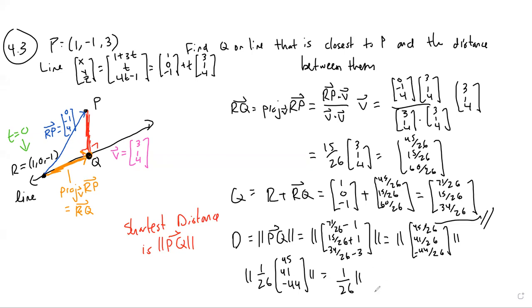So now I can just get some nice, more manageable numbers. And I'll calculate my distance by just doing the sum of the squares, which I'm not going to write out, but if you add them all together, 45 squared plus 41 squared plus 44 squared, we get 5642. And that is the distance, the shortest distance.